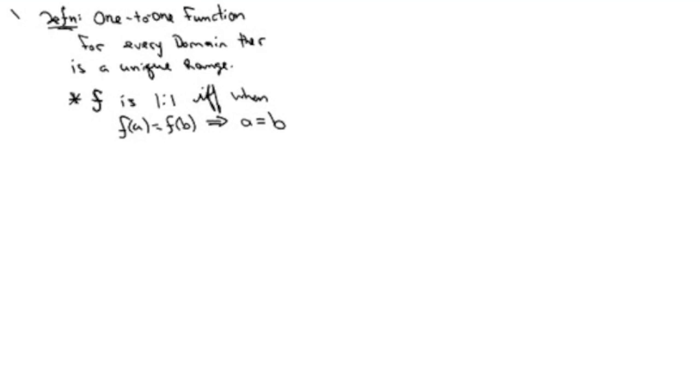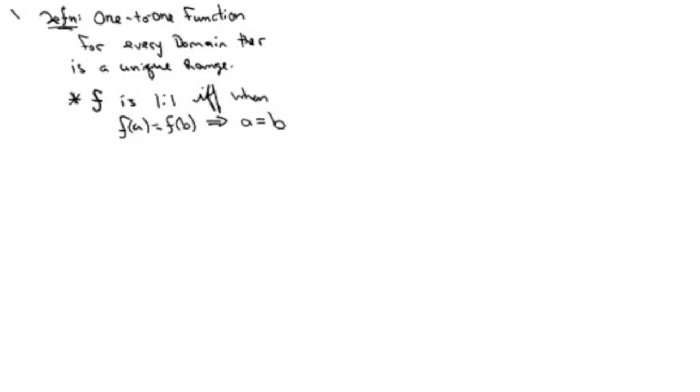This says they have to be the same point. So this statement is saying you're only talking about one single point on the graph rather than two. So if this is true, then f is definitely one-to-one, and if f is one-to-one, then this must be true. Okay.